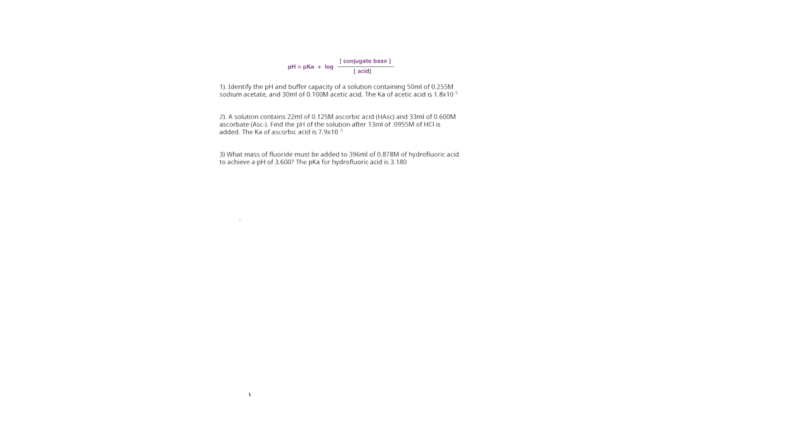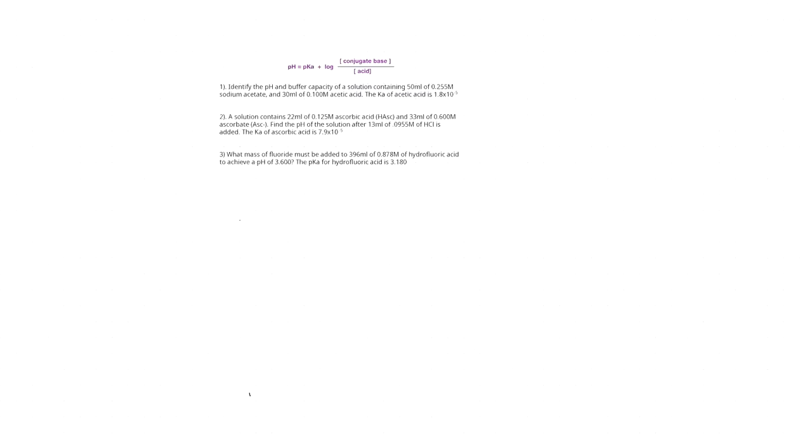And this is important because one very vital application is in terms of physiological pH. Our bodies are filled with buffers, and we need them so that our blood doesn't become too acidic or too alkaline, aka basic.